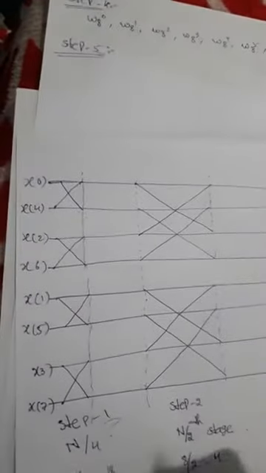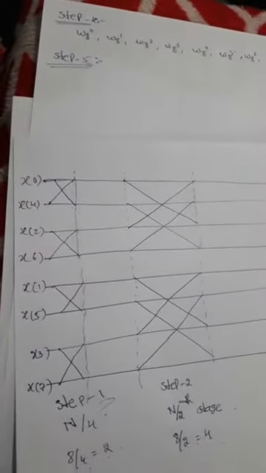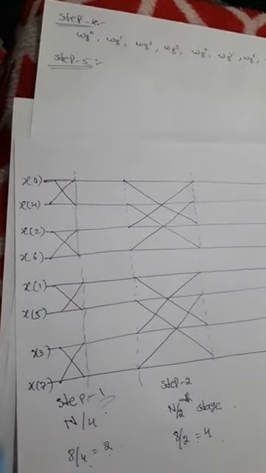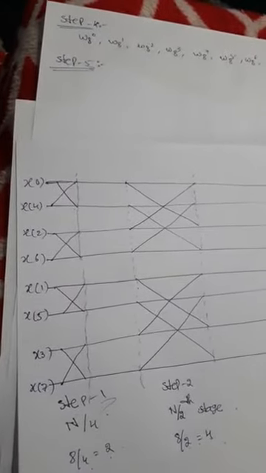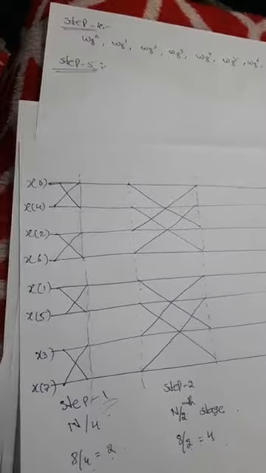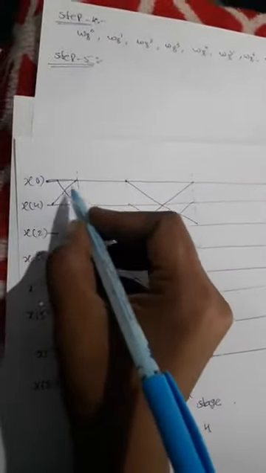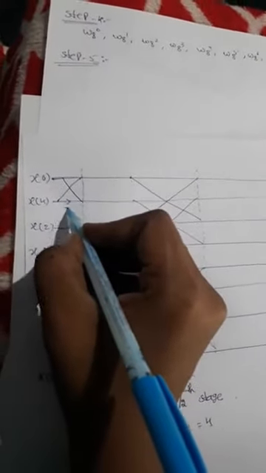Next, step 6. In step 6, we will multiply the base of the butterflies by minus 1. So these are the wings of the butterflies, and the base of the butterfly will be multiplied with minus 1.